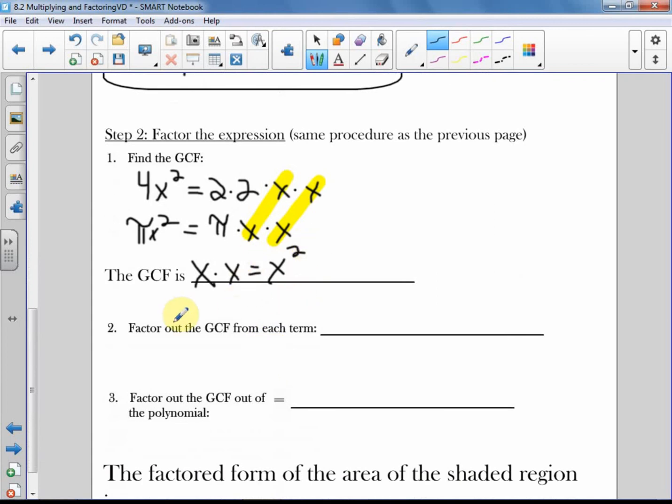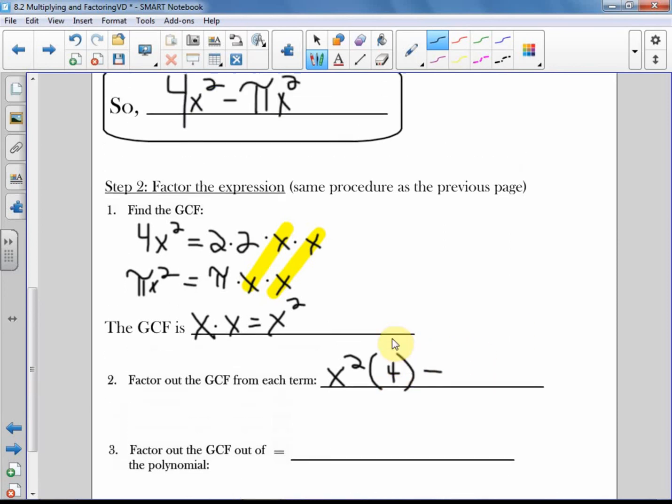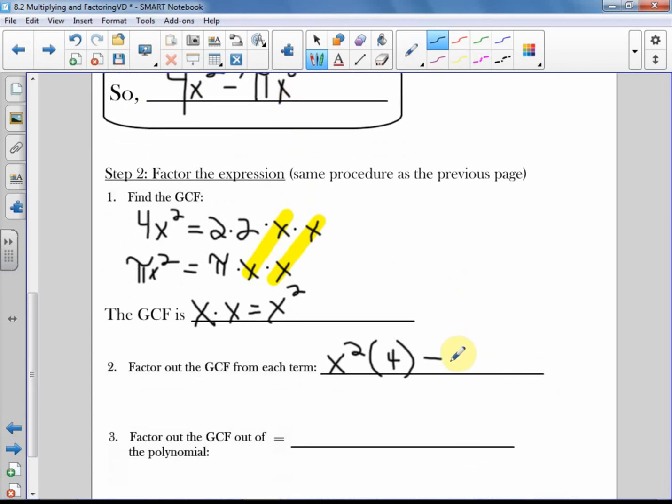Now I'm going to factor out the GCF from each term. I have x squared. I need to factor that out of 4x squared, so I will just have a 4 left, minus, remember that it was 4x squared minus pi x squared, so minus x squared. All I have left when I factor that out is just pi.